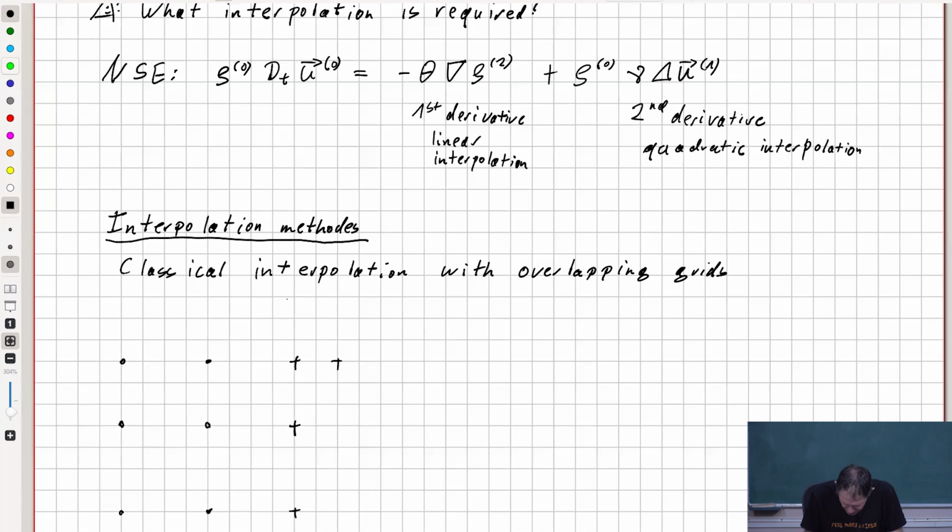This fine grid has, of course, what am I doing? Okay, I guess this is why it looks so strange. It must be 4. So they have, say again, twice the resolution. And here we have something that we call hanging nodes. These hanging nodes require interpolation in space.